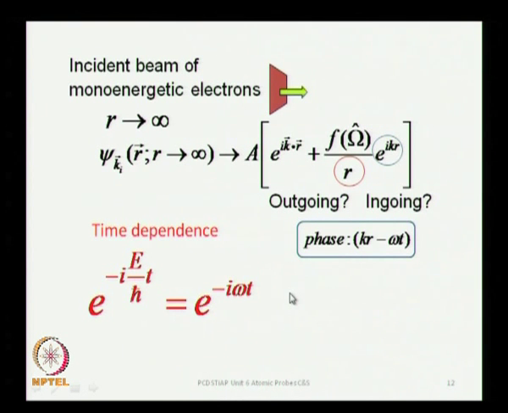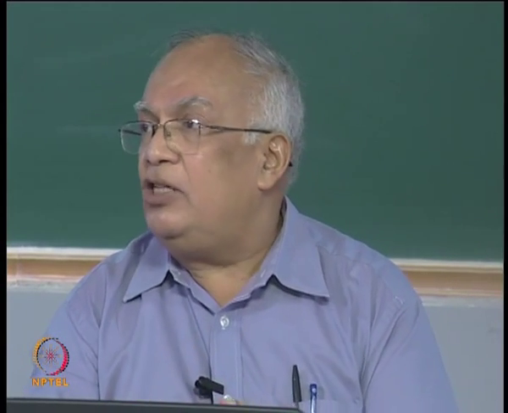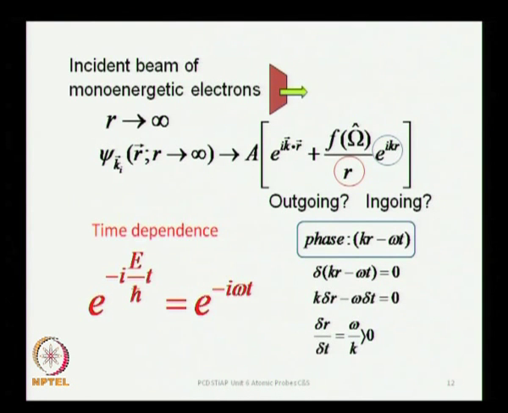So, now you ask, how does the surface of constant phase propagate? What is it that determines the surface of constant phase? For the surface of constant phase, the change in kr minus omega t must be 0. So, k delta r minus omega delta t must be 0, and delta r by delta t is positive, because omega and k are intrinsically positive, okay.